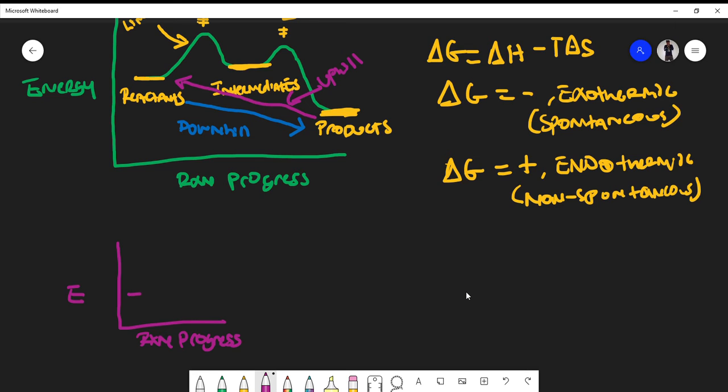So the reactants essentially are going to be lower than the products. And so the graph may look like this, where these are my products and these are my reactants. And so we say this would actually be endothermic.